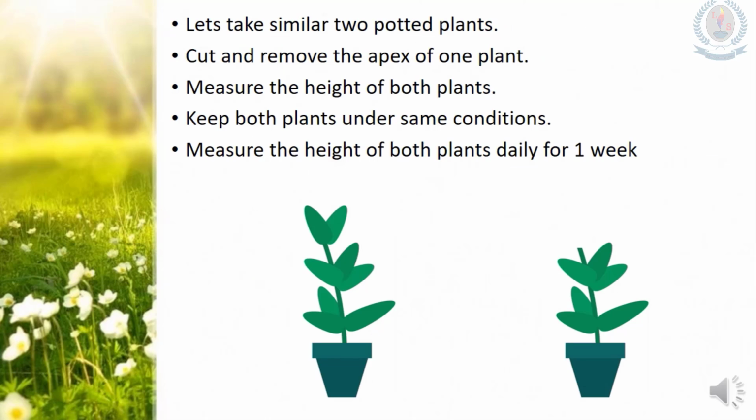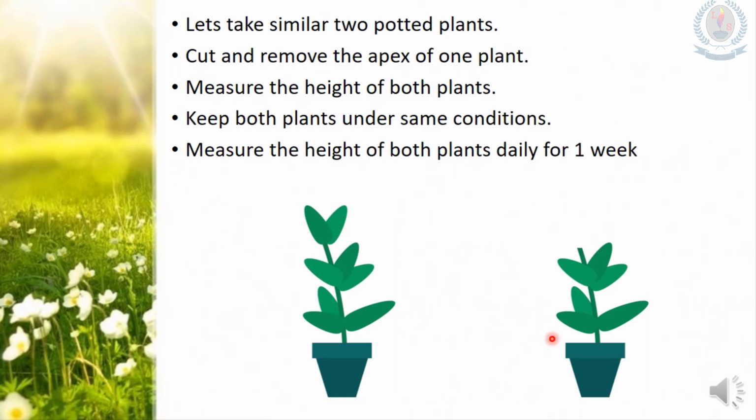Let's take two similar potted plants and cut and remove the apex of one plant. Apex means the most upper part of the plant. After that, you can measure the height of both plants and keep both plants under the same condition.